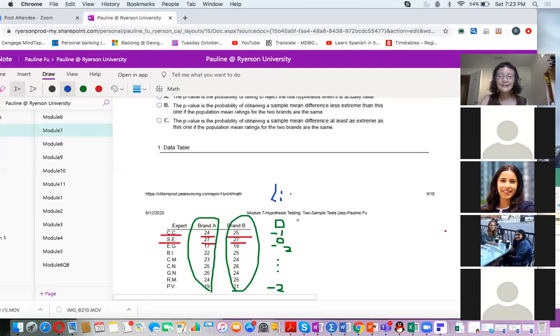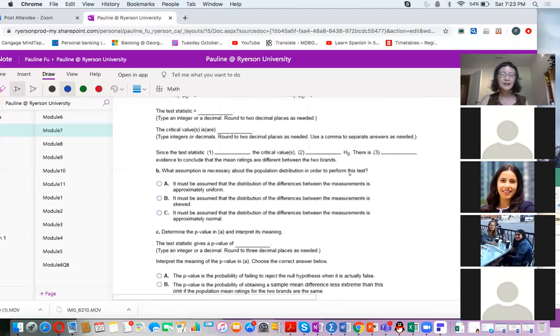And this list is the difference between the original two samples. Is that clear? When you enter data into your calculator, you only enter one list, this list here. So this is when you do the calculator later on. But now let's answer the hypothesis test questions.